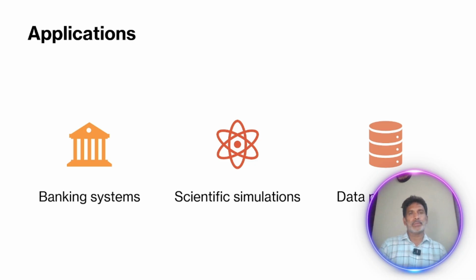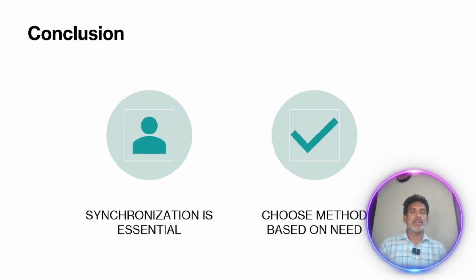And for data processing, like in big data and analytics, synchronizing tasks in parallel data pipelines maintains data integrity during concurrent processing. That enables efficient handling of large-scale data. So synchronization plays a crucial role in ensuring correctness, completeness, consistency, and reliability across various real-world applications where multiple processes or threads operate concurrently.